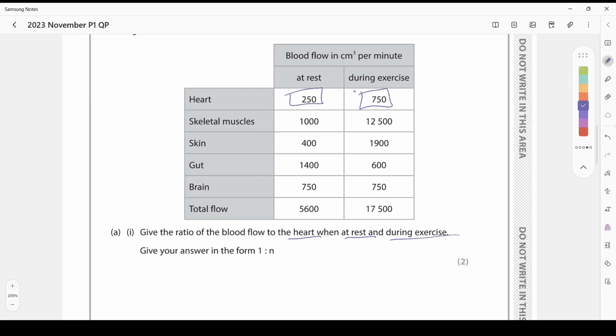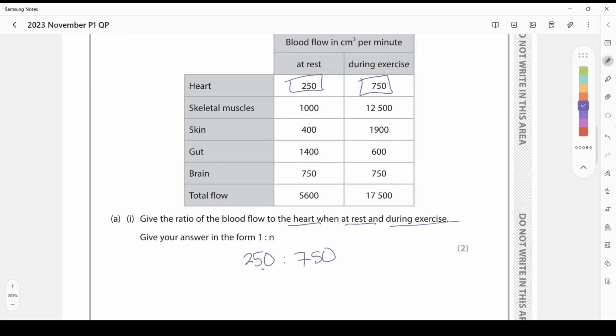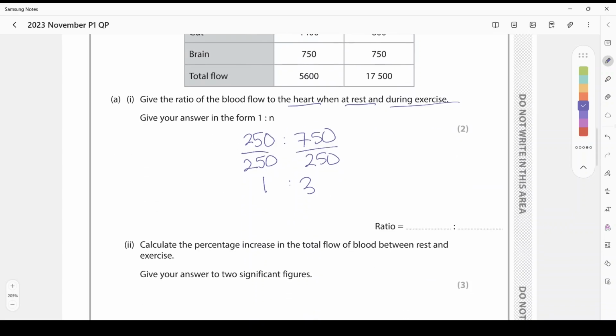These are the two numbers that we're looking at here. This 750, and now we have to divide both sides by 250. So we get a 1 here, and 750 divided by 250 gives us 3. So the ratio is 1 to 3.